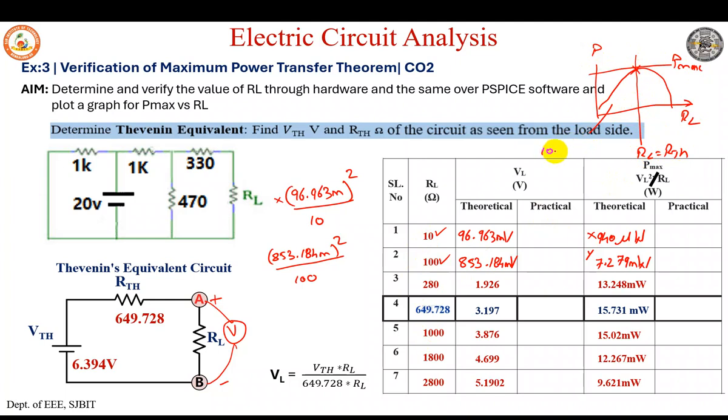Here we have 10, 100, 280, for example, what we have considered, and over this area we have 1000, 1800 and then 2800. Only at this point, when RL is equal to RTH, you get maximum power. In this way, one can plot a graph to observe the variation of RL with respect to the given voltage and find its power also.